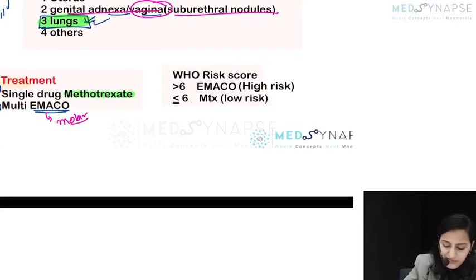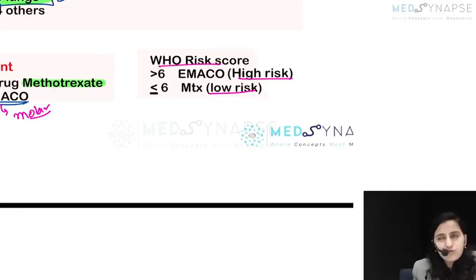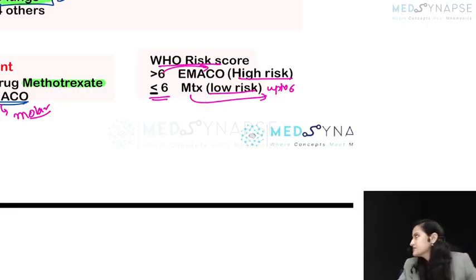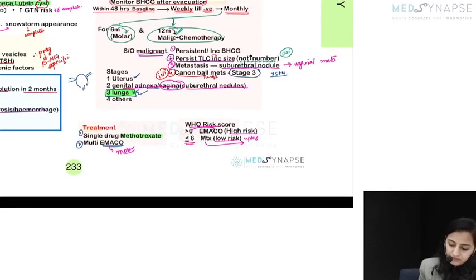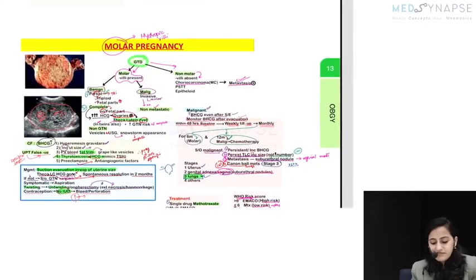So whether I should give single drug methotrexate or the EMA-CO depends on the risk. The WHO risk score, there's something called as WHO risk score. If it is up to 6, it is low risk, give methotrexate. If it is more than 6, high risk, give EMA-CO. Right, so these are all the points for your molar pregnancy. Very, very important.